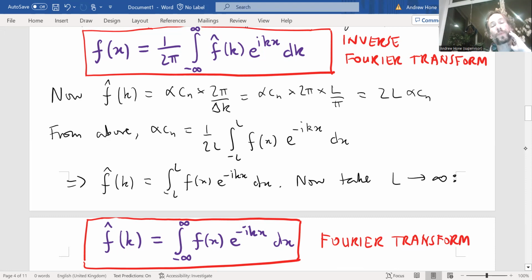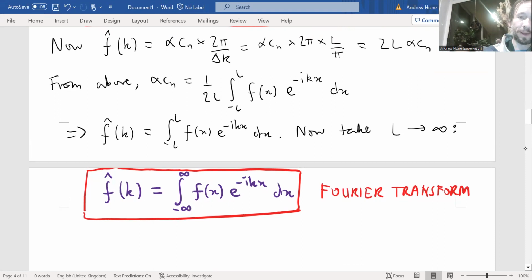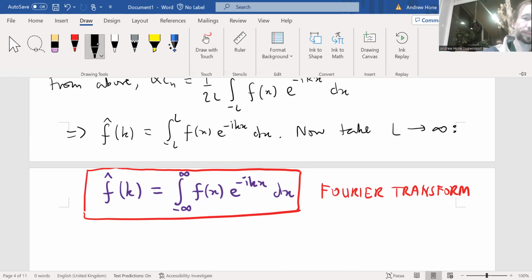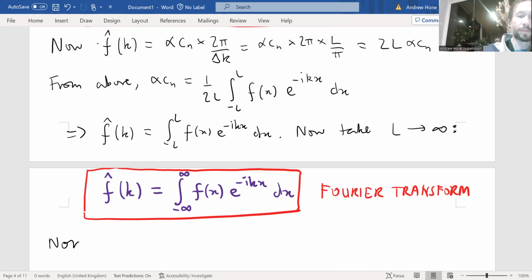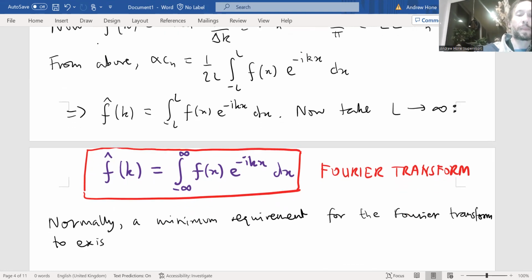So normally a minimum requirement is that the integral of mod of f of x dx has got to be finite.